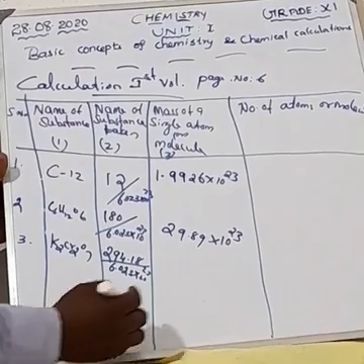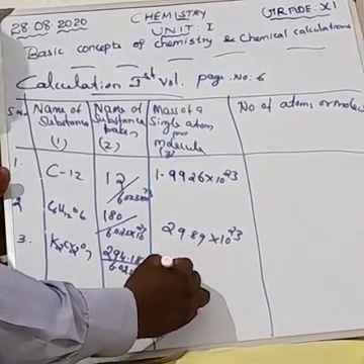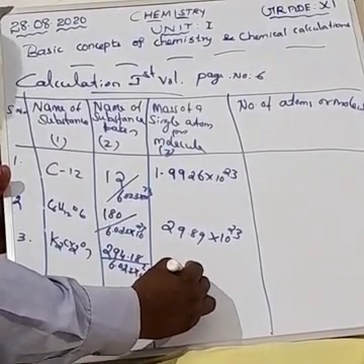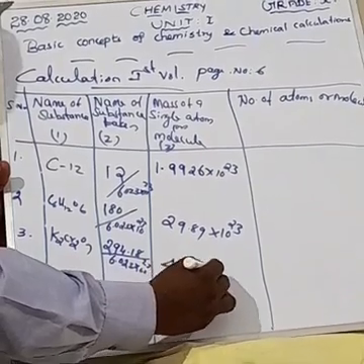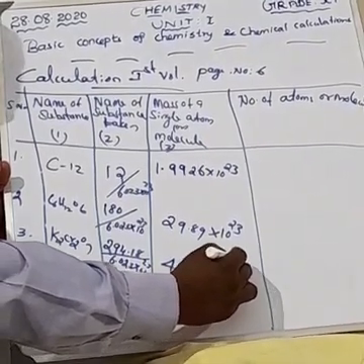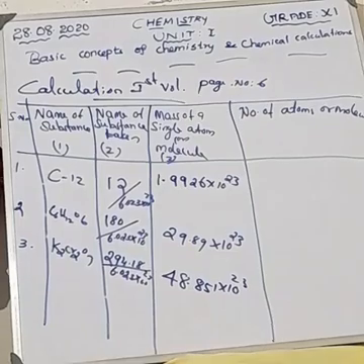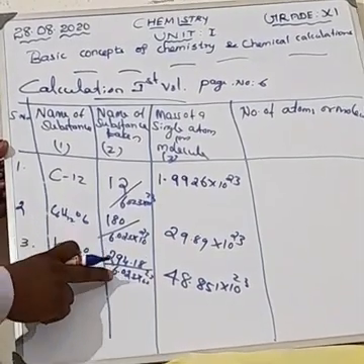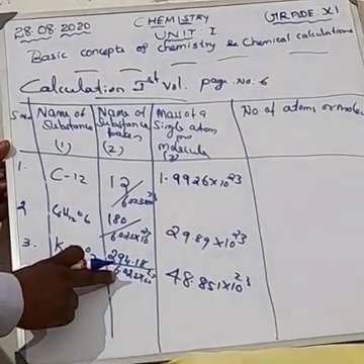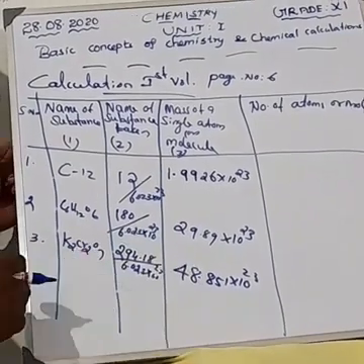So what's the value? 48.851 into 10 raised to 23. If you divide this answer by 6.023 into 10 raised to 23, we get this value.